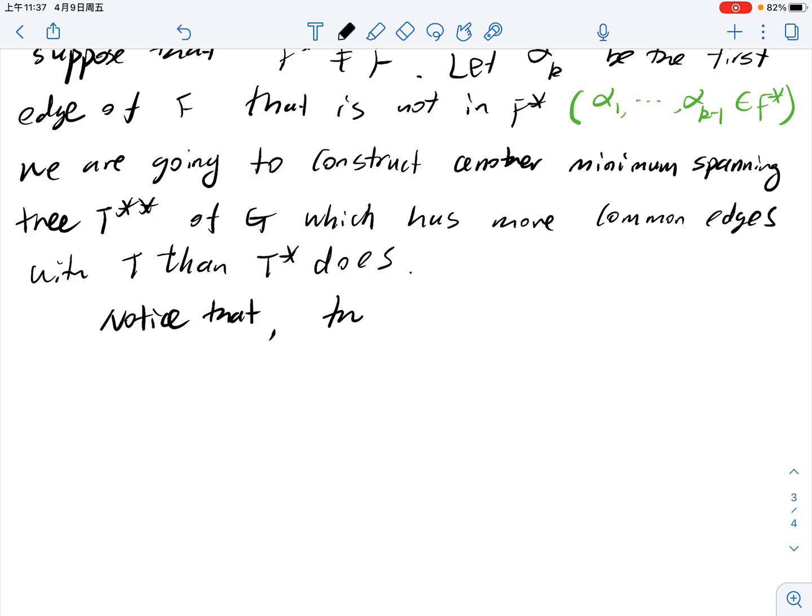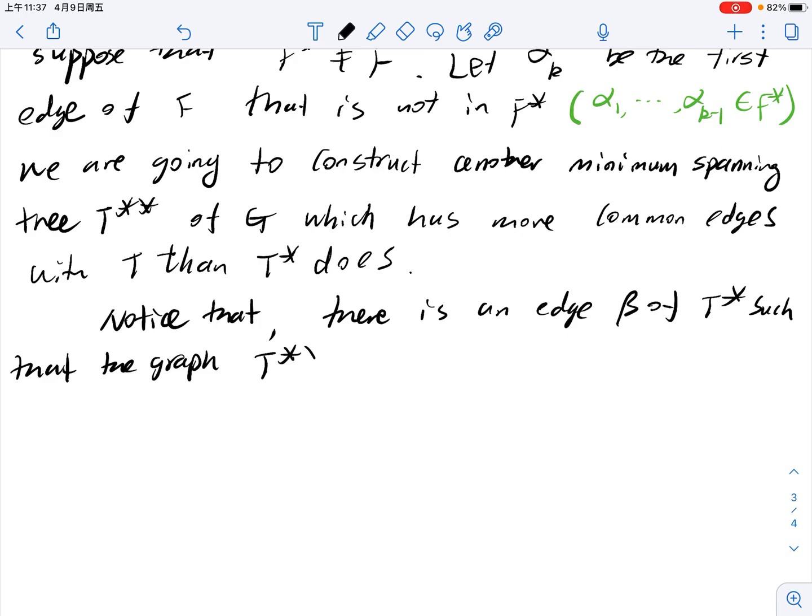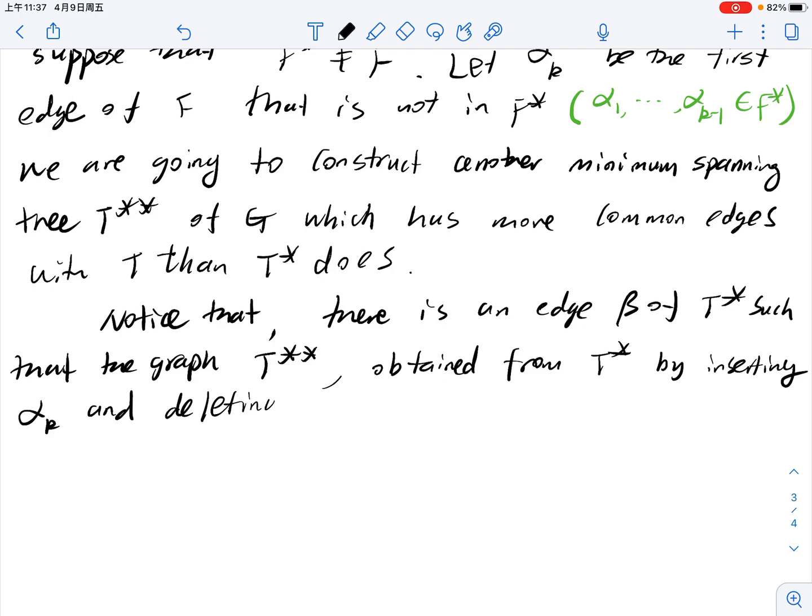Note that there is an edge beta of T star such that the graph T double star obtained from T star by inserting alpha k and deleting beta is a spanning tree of G.